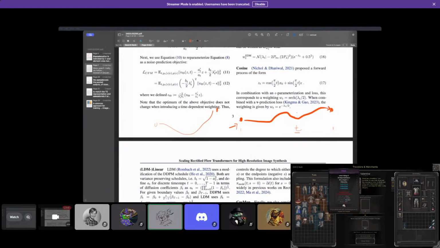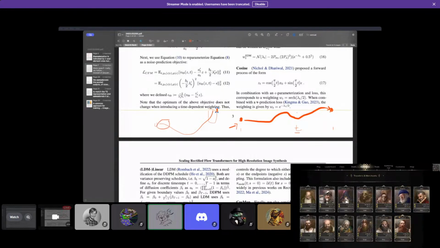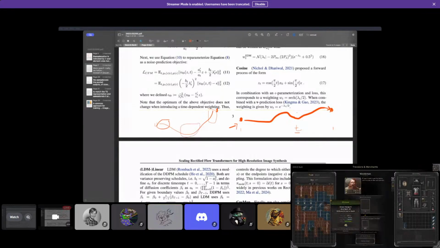But if I now tell you, by the way, observe this fact, it's much easier for the neural network to predict the beginning locations and the end locations, because those will necessarily be close to the start and end points. It's much harder to predict the middle locations because they have the biggest variance. So as you train the neural network, you actually want to input a t that's between 0.3 and 0.6 much more often.